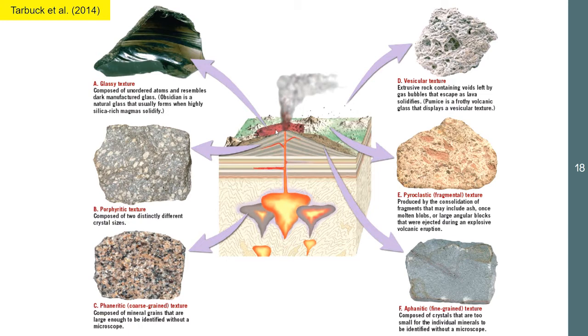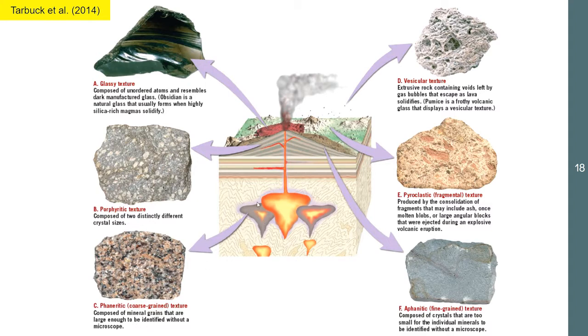Then a porphyritic texture igneous rock is composed of two distinctly different crystal sizes, and they form somewhere here, just beneath the volcano's surface. Now, deep into the earth, near the magma chamber, when they crystallize, you have your phaneritic or coarse-grained texture igneous rocks.